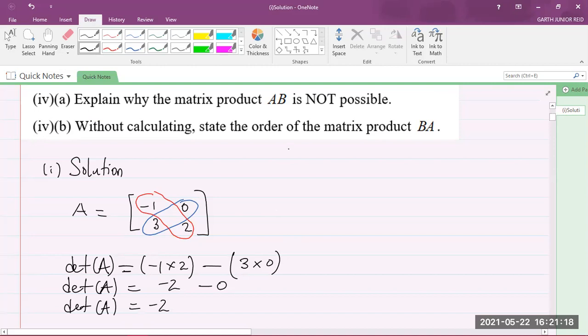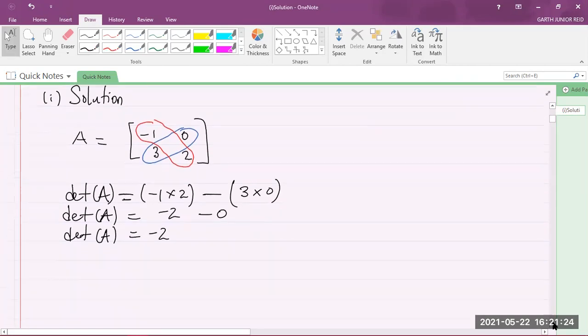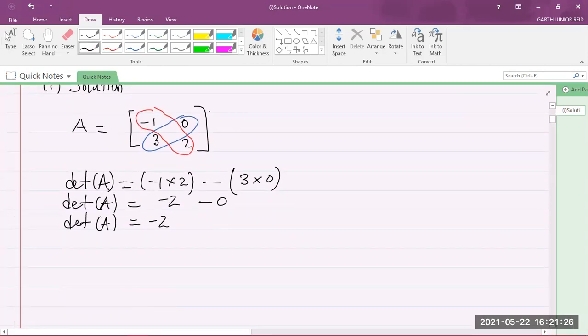There's also something else that we need to figure out, which is the adjoint of the matrix. Let's write that over here, the adjoint, ADJ, of the matrix A. Now, what is the adjoint? To calculate the adjoint, what we do is switch the elements here in the main diagonal. So we switch the positions of the elements here. That's negative 1 and 2.